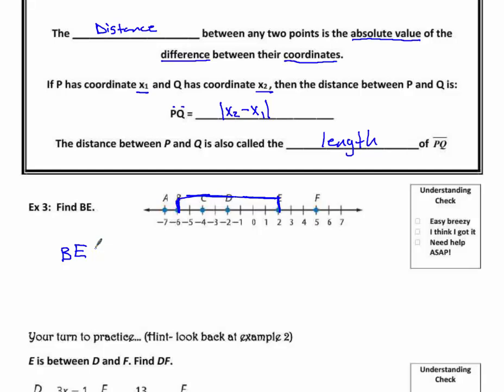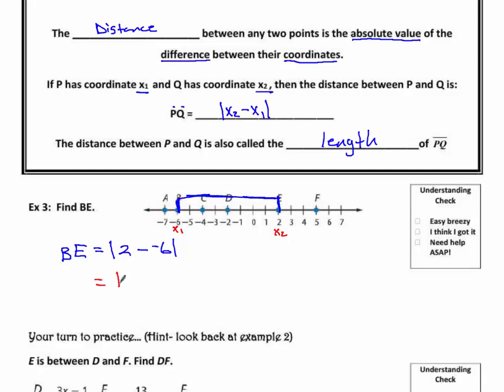So the distance from B to E is the absolute value of 2 minus -6, because it's kind of like from our formula up here, I'm going to make this my x1 and this is my x2. It's just two numbers that are different than each other. So one of them is x1 and one of them is x2.